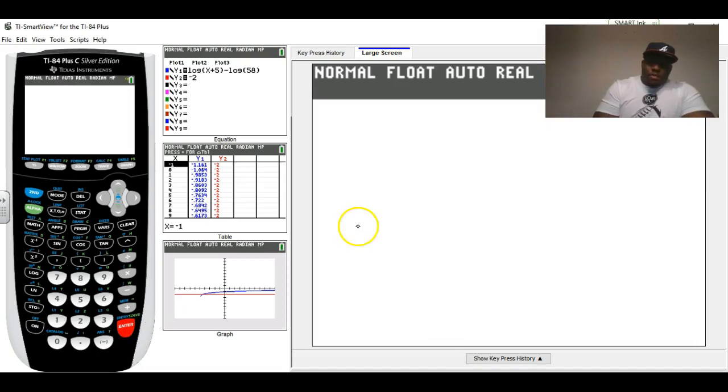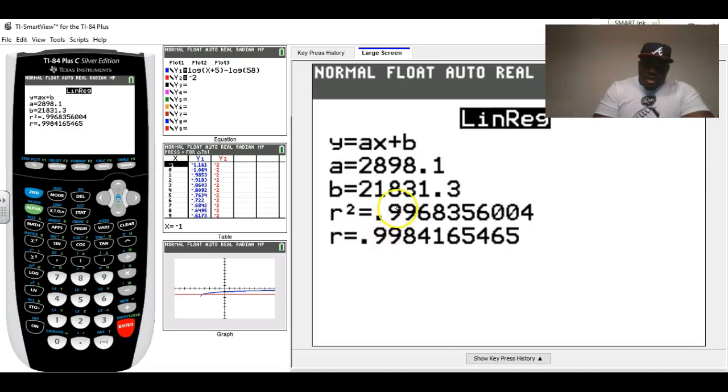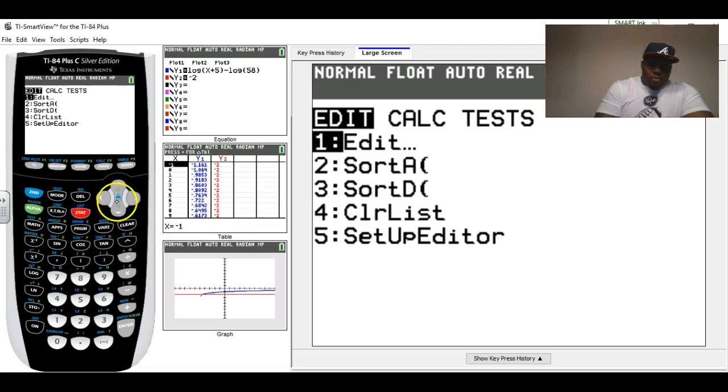If you see, there are fewer nines right here. The thing to remember with the exponential is the more nines, the better, because it means it's closer to 1. You want to be as close to 1 as possible. So the more nines, the better. This tells us right here that we're not really right. We need to explore another option.